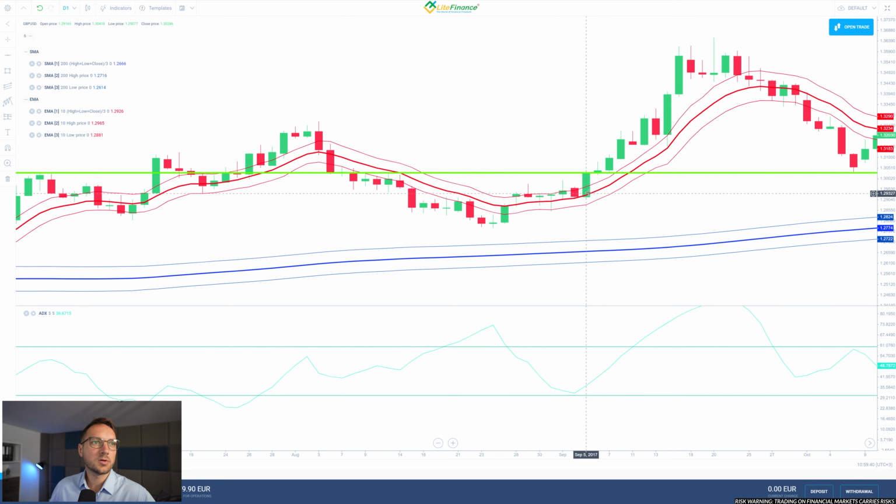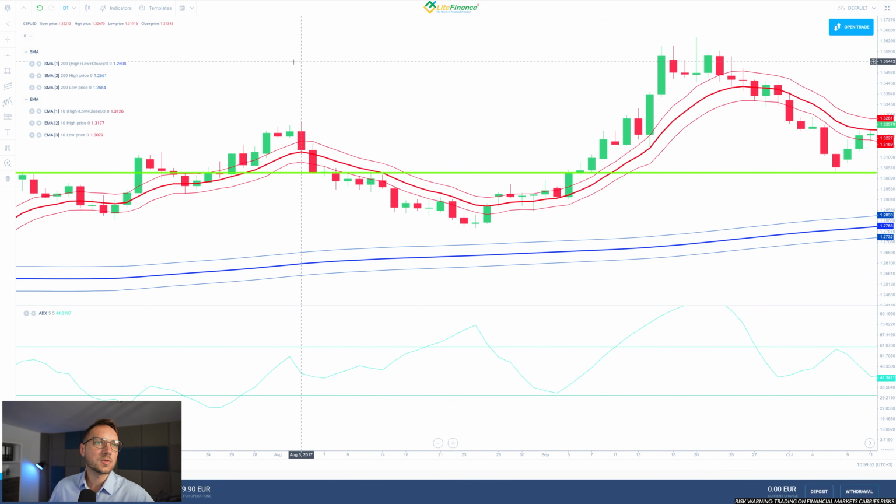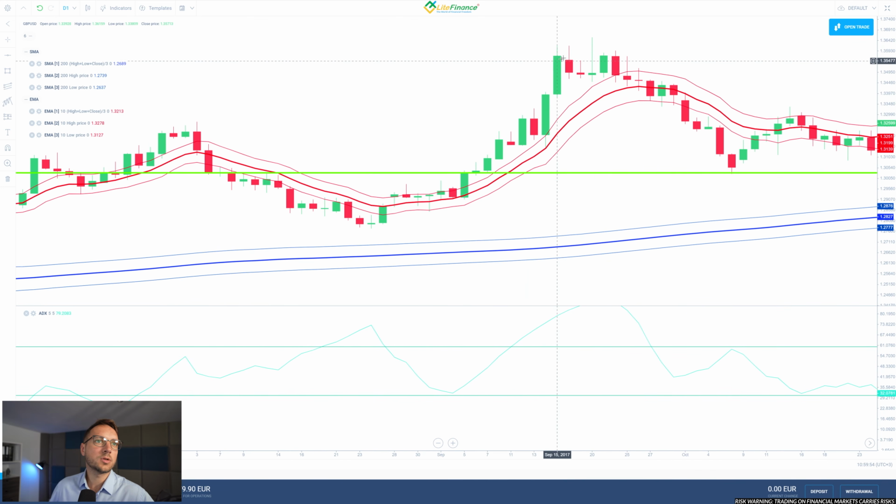The price closed above 10 period EMAs, and it is above 200 period EMA. The ADX is above 30. So this would be our entry level, and we are exiting right over here, where we closed below the 10 period moving averages.